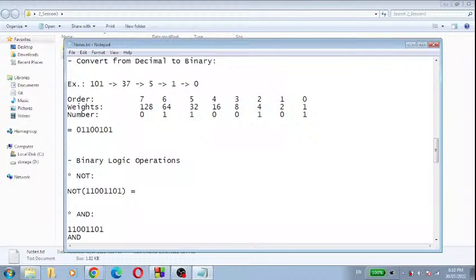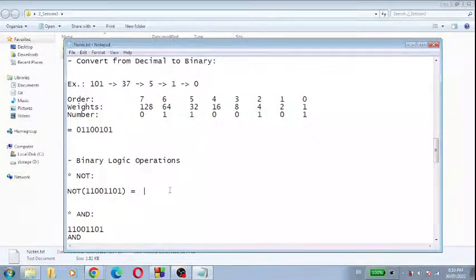It's very simple actually. I'm going to make the not operation on this number bit by bit. So each bit is going to be inversed actually, or complemented, to have the not of this number.